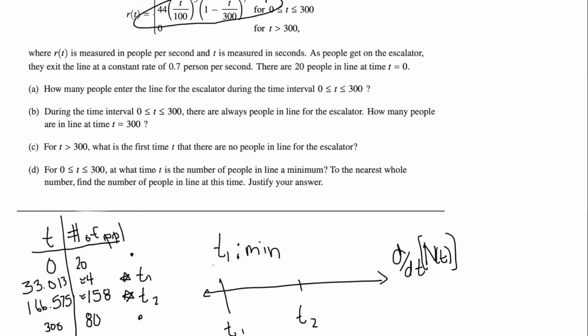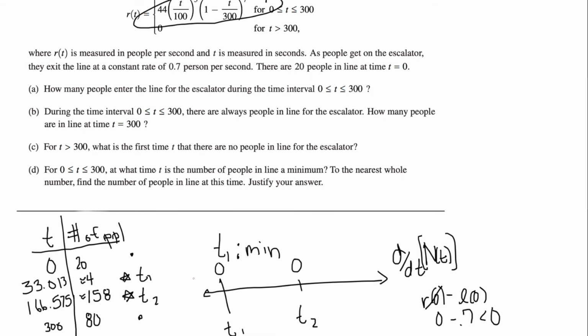At T1 and T2, that's the point where there is no rate of change. At values less than T1, you can plug in anything under T1. If you plug in 0, you'll see that you have R of 0 minus L of 0. R of 0 is 0, L of 0 is 0.7, so the result is negative.